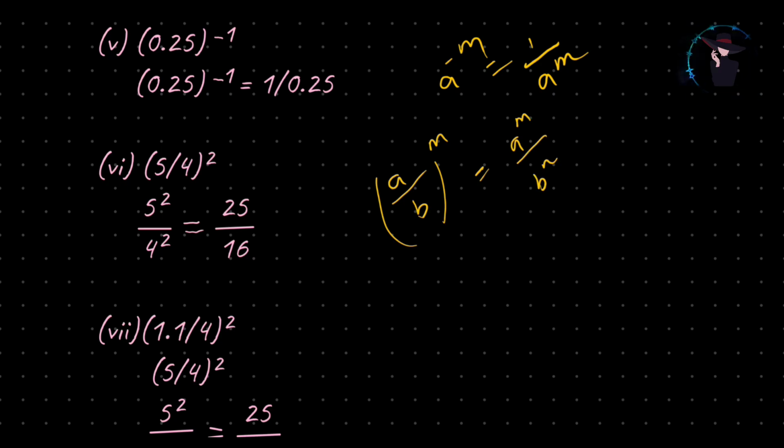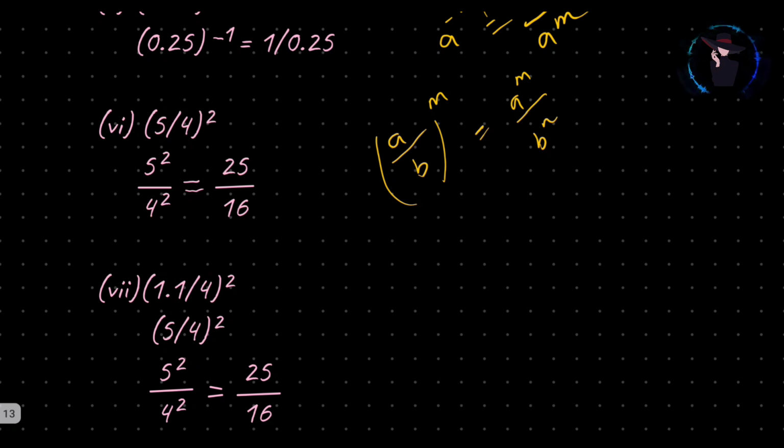That is what we are doing here. 5 square is 25, 4 square is 16. It is in the form of a mixed fraction, 1 into 1 by 4. We need to convert it into an improper fraction. 4 ones are 4, plus 1, 5 by 4. Whole square. Again open it as 5 square by 4 square, 25 by 16.